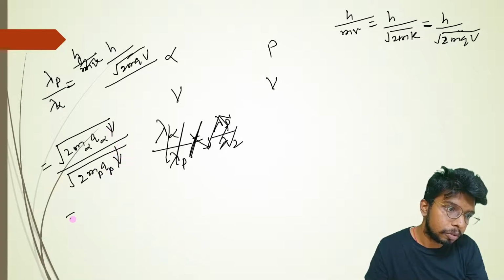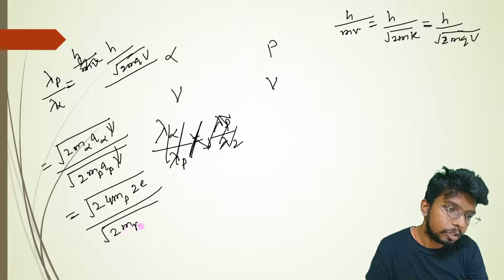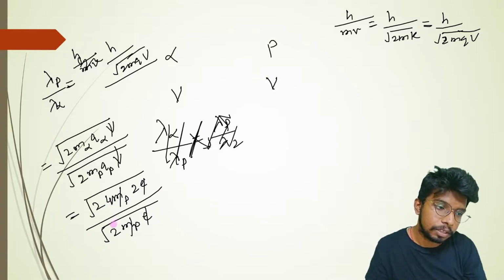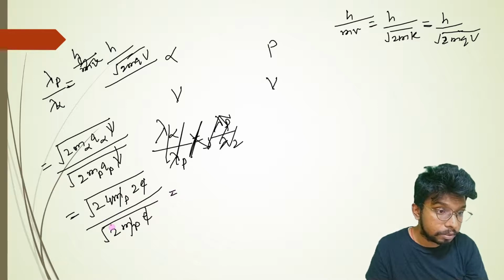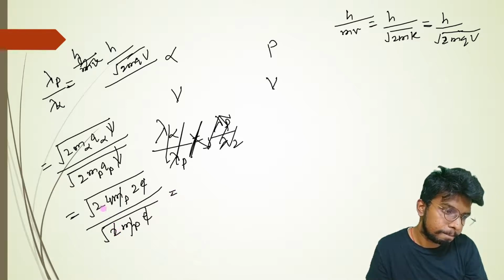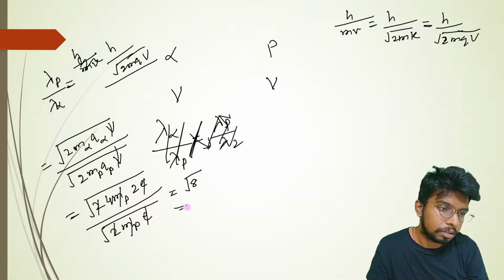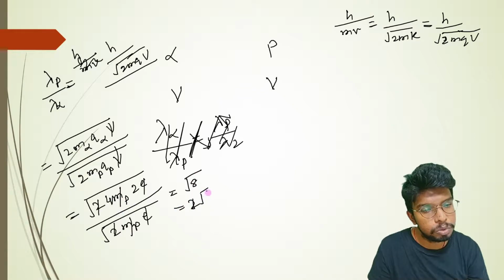This will get cancelled. I can write m alpha as 4 times the mass of proton, q alpha as 2e, and the denominator as 2 mass of proton, and q p as e. This will get cancelled. I'm left with 4 into 2 over 1, so effectively under root 8, which is 2 root 2.